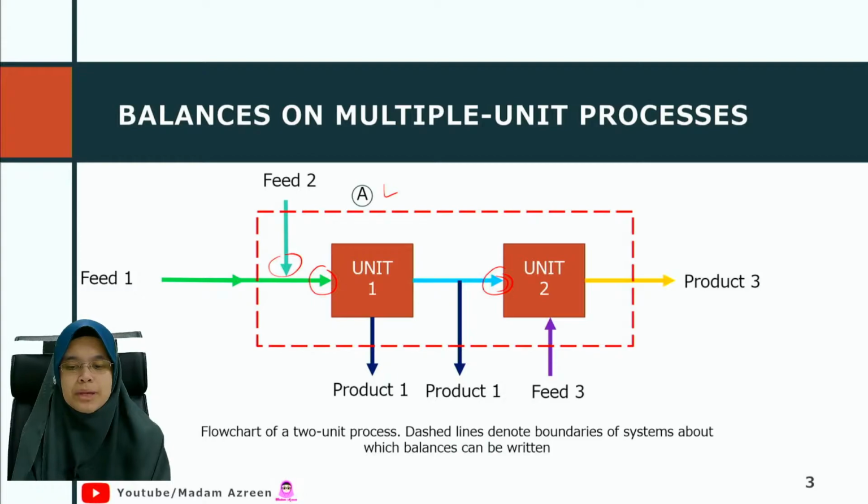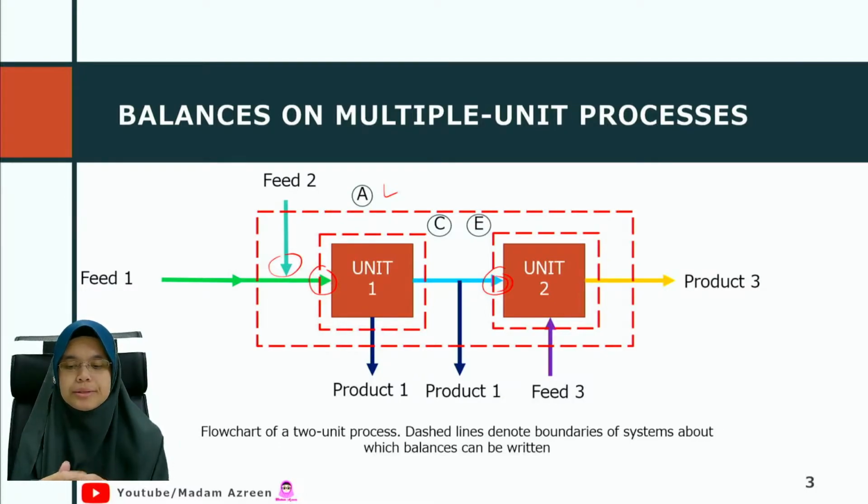You can also decide a boundary at each of the units, and at a mixing point. For example, at point D, the stream is split into two. From unit 1 it goes to unit 2, and before it goes to unit 2 it's split into product 1.